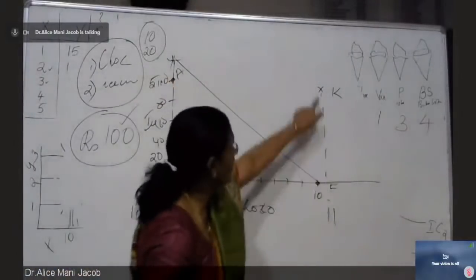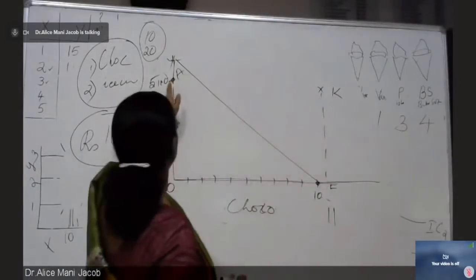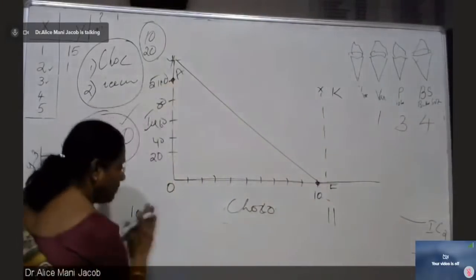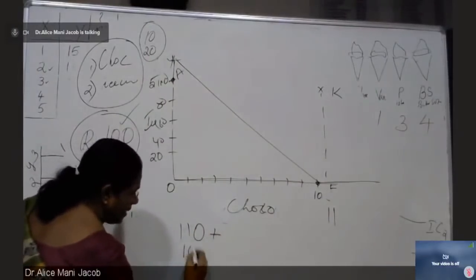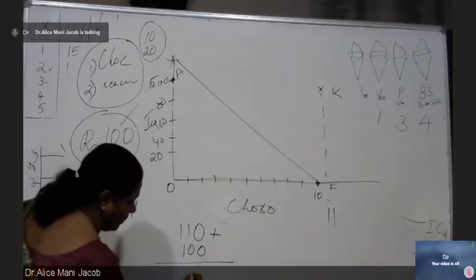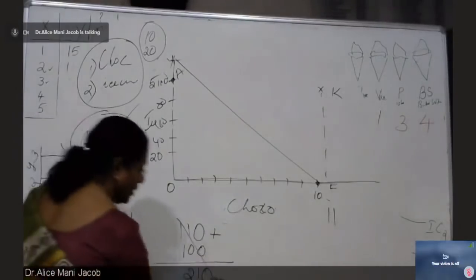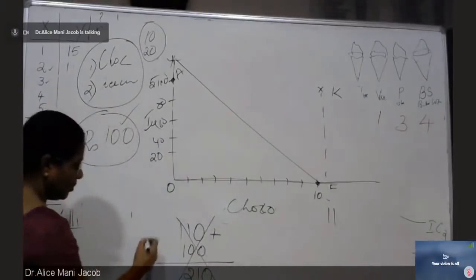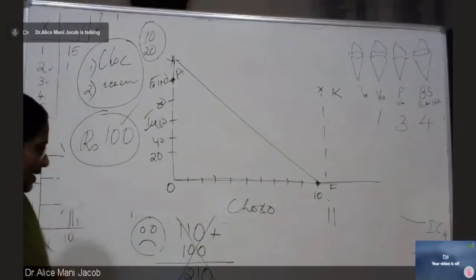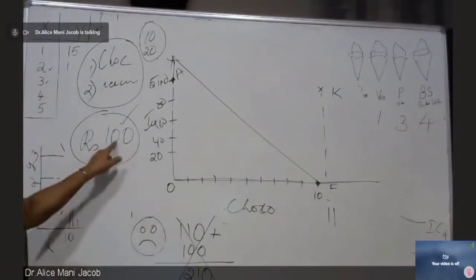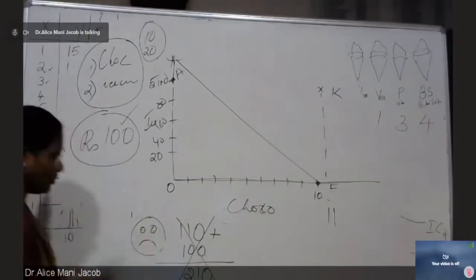It is a combination of 11 chocolates and 5 ice creams. 11 chocolates will be 110 rupees and 5 ice creams will be 100 rupees. It is not possible for you to spend this. The reason is your father has given you only 100 rupees. So you cannot spend.